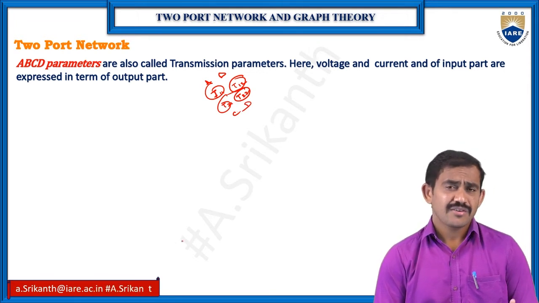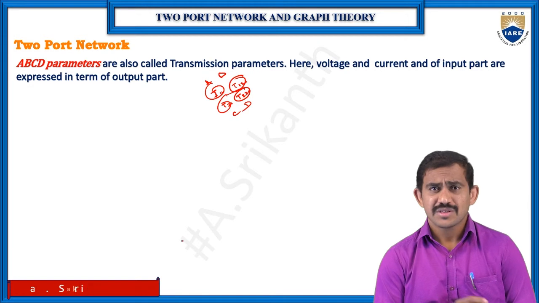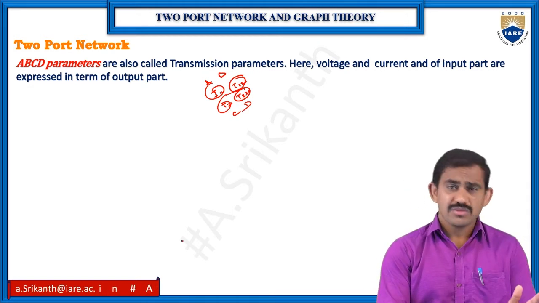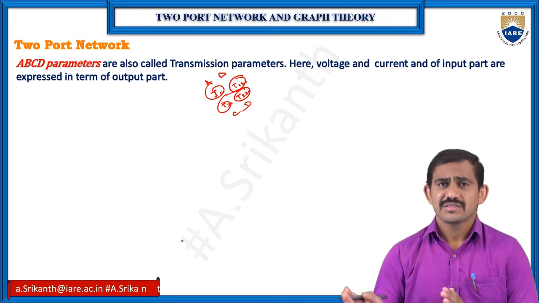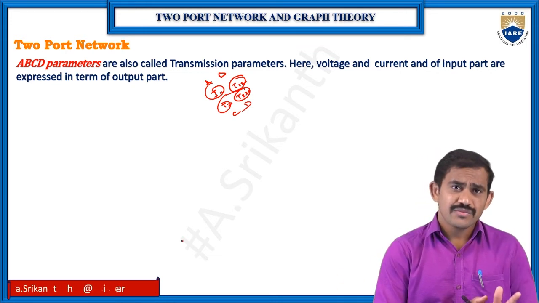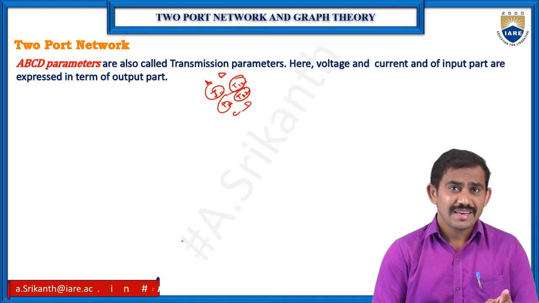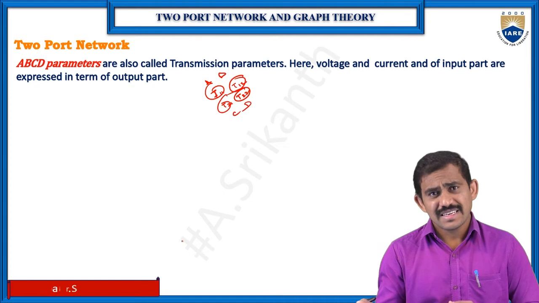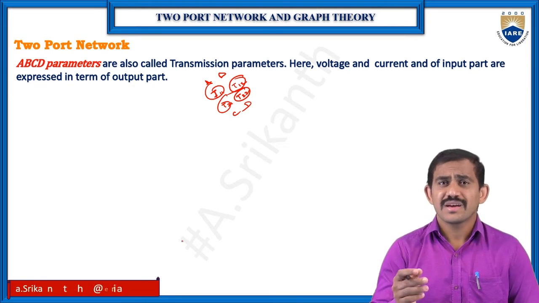Now I want to write the equation for transmission line parameters. In transmission, we are sending from primary to secondary. On the primary side we have voltage and current, V1 and I1, and on the secondary side again V2 and I2.